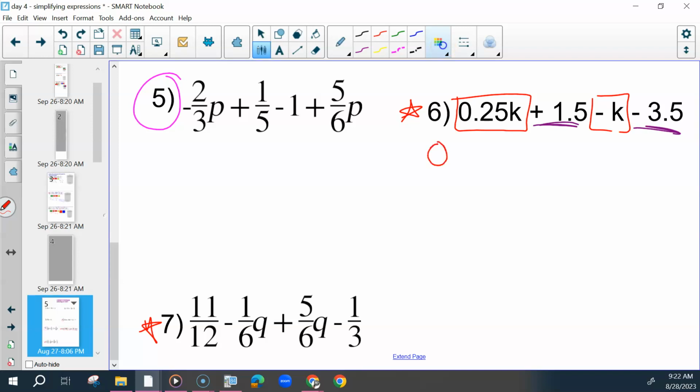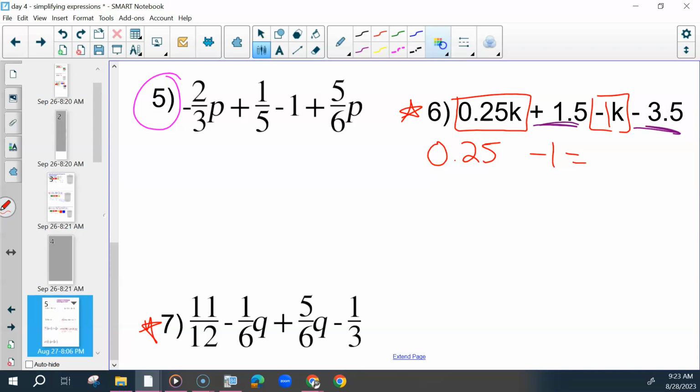Whatever it says, 0.25k minus, this is really 1k. Subtract that.